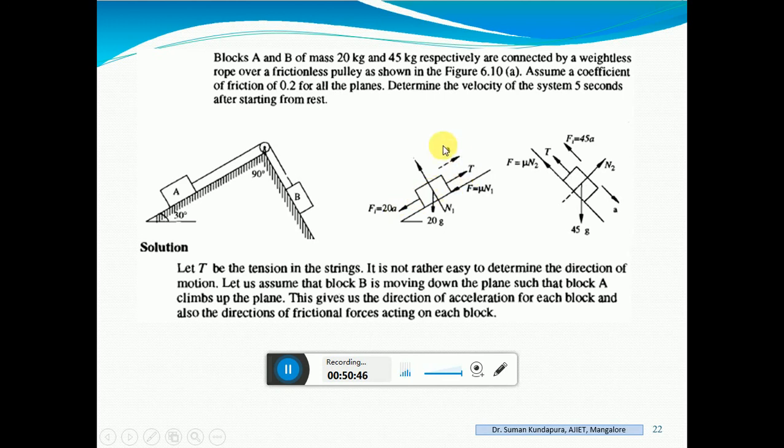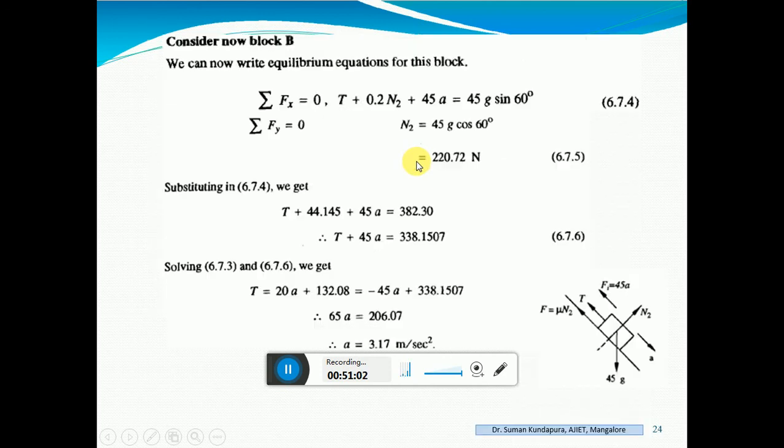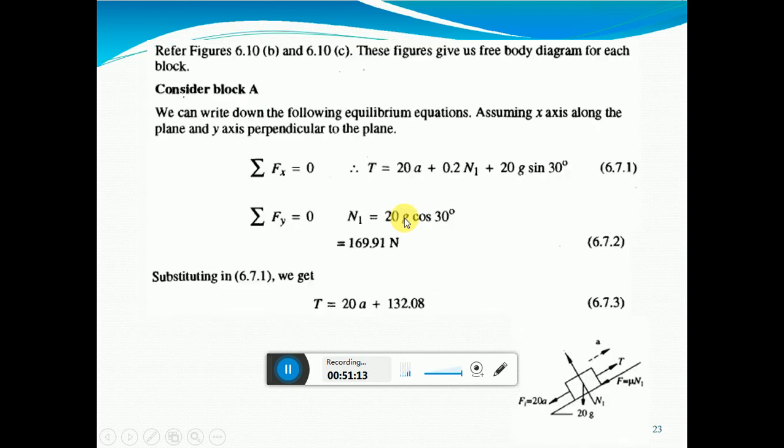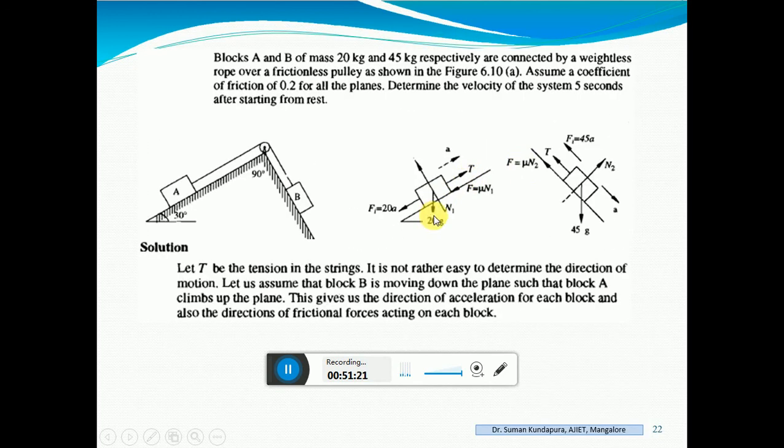So along the x axis for the block A, it will be T minus 20a, and the friction force, 0.2 N1, this side, minus 0.2 N1, and the weight component, that is 20 G, making an angle of theta, that is 30 degrees.